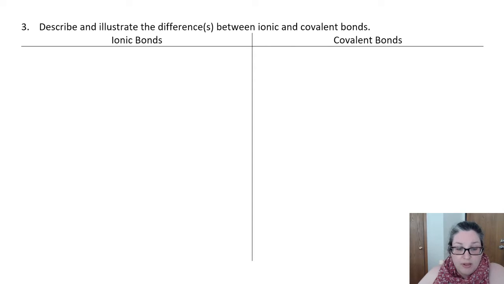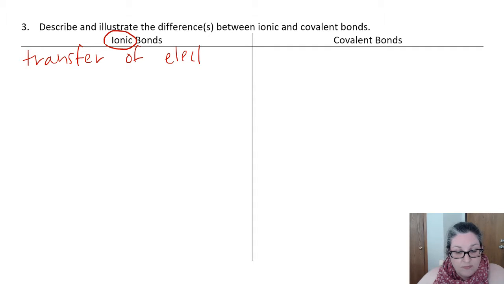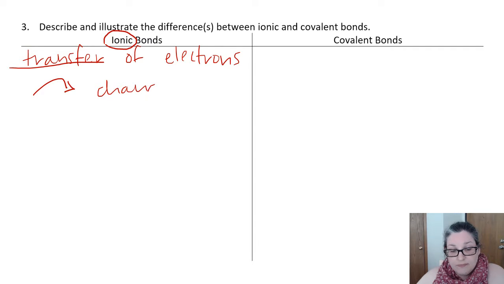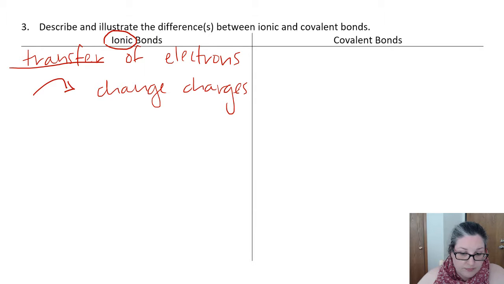In ionic bonds, we see what we call a transfer of electrons, where electrons actually jump from one atom to another and change their charges. And so an ionic bond is an attraction between a negative ion and a positive ion.